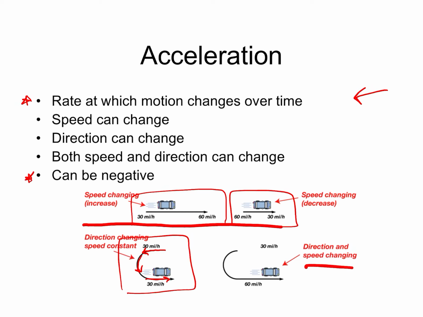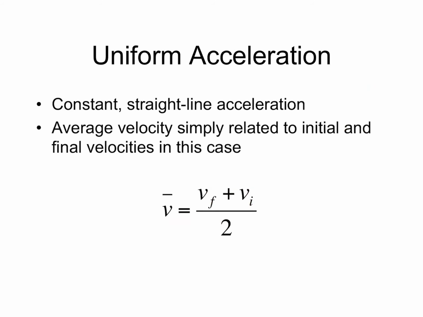Okay. I'm going to bring up the book really quick because I do think that it has an example that we can use, which is going to give us our average speed, where we can take the final velocity plus the initial velocity and just divide it by 2. And there's an example in our book that we can actually look at and see how that's happening.